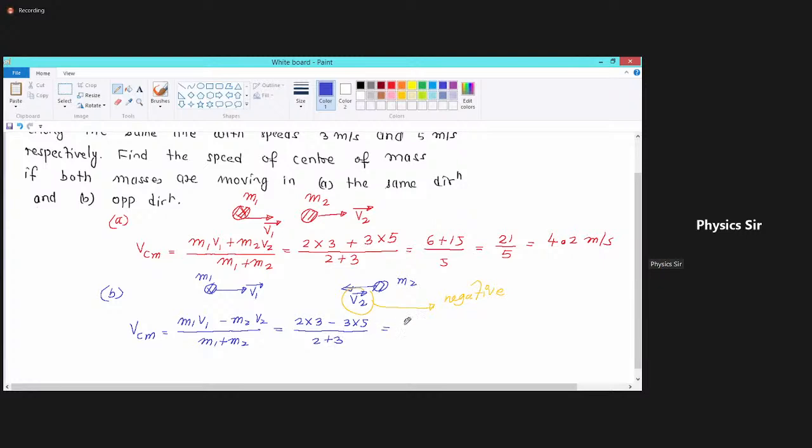Now 2 into 3 is 6, 3 into 5 is 15, 2 plus 3 is 5. So 6 minus 15 becomes minus 9, divided by 5. And minus 9 divided by 5 is minus 1.8 meter per second.